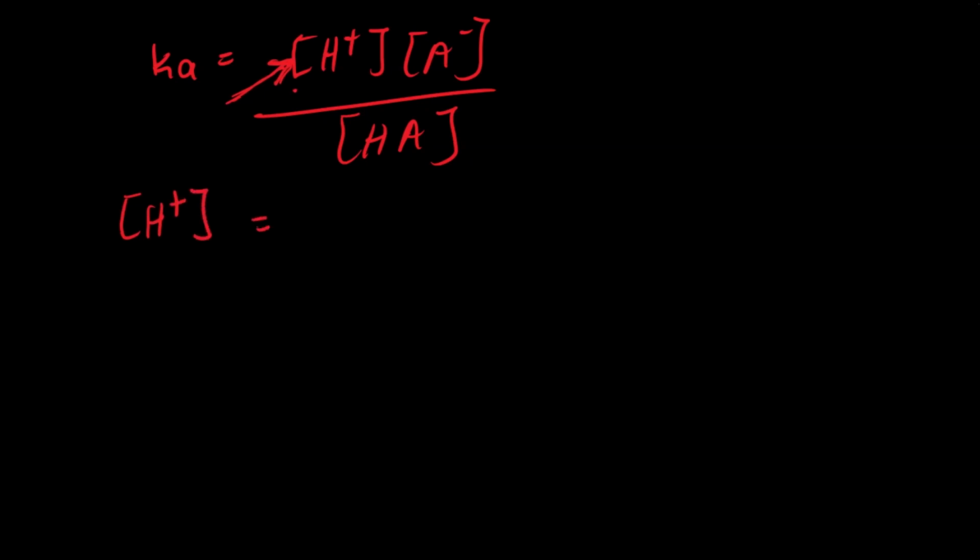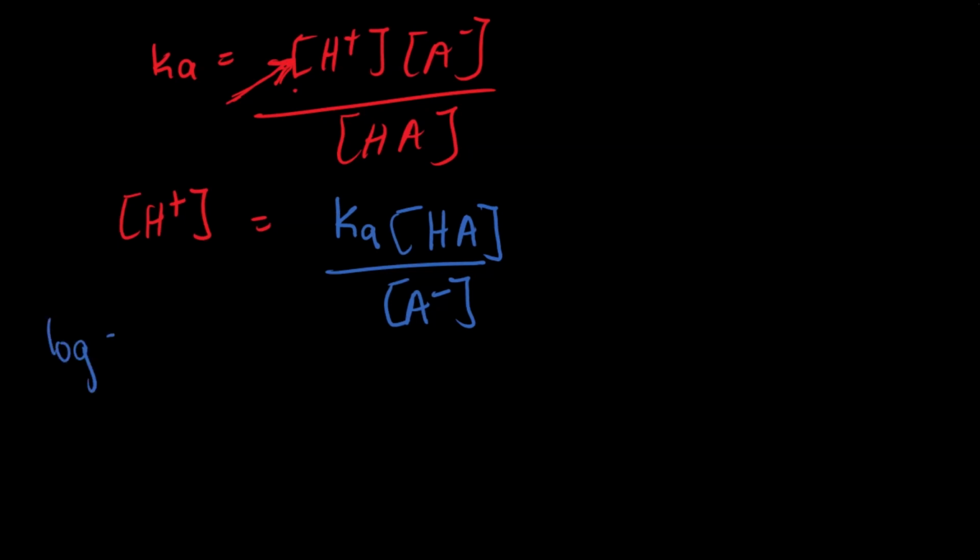So by change of formula, the hydrogen ion concentration is equal to the Ka multiplied by the acid concentration divided by the conjugate base concentration. Now we want to find the logarithm of both sides.